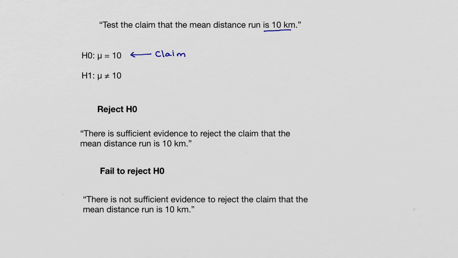So if we reject the null hypothesis, then we're going to say there is sufficient evidence to reject the claim. So when the claim is the null, we're going to use the word reject.